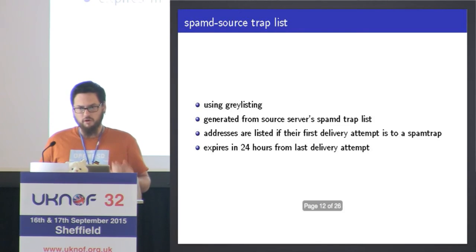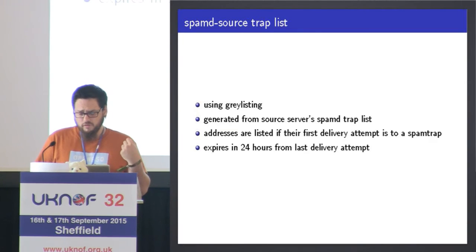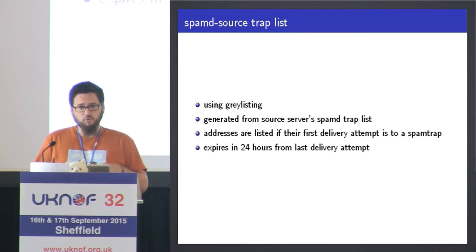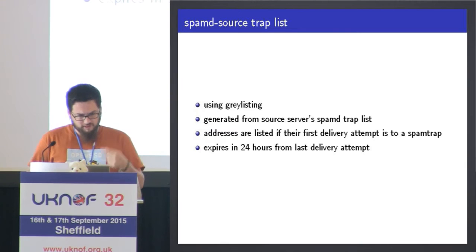So what are these? You get the trap list. A trap list is basically poisoned email addresses set up so that any emails to them will be marked as bad, because they are just hidden on a web page somewhere and have never been used for legit purposes. With gray listing, you have the first attempt come in, and you know nothing about this server.